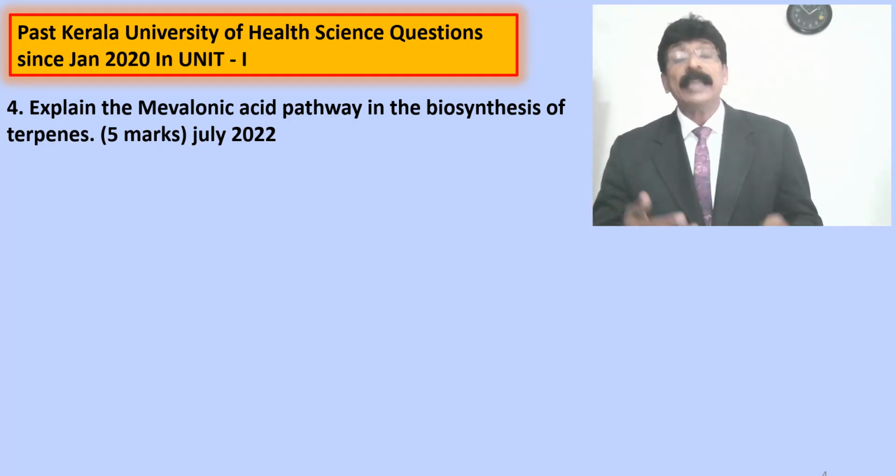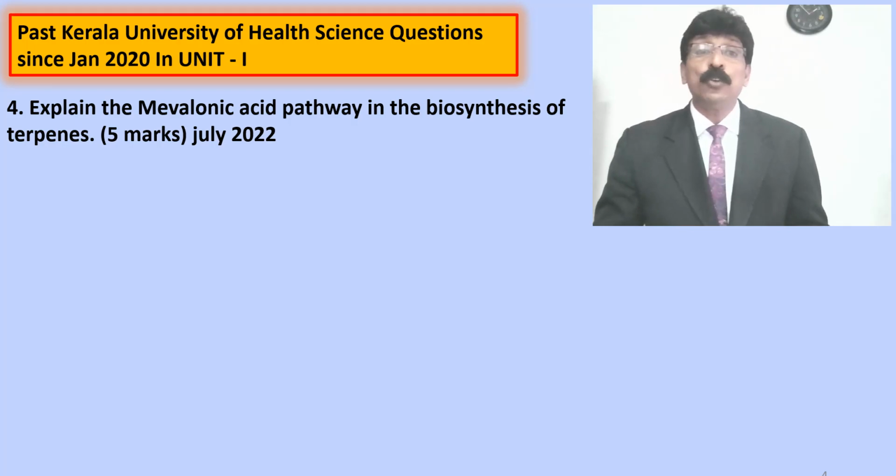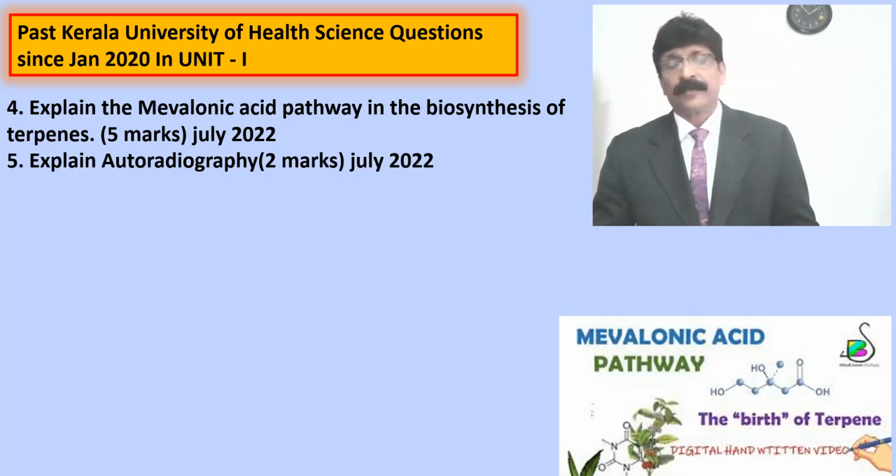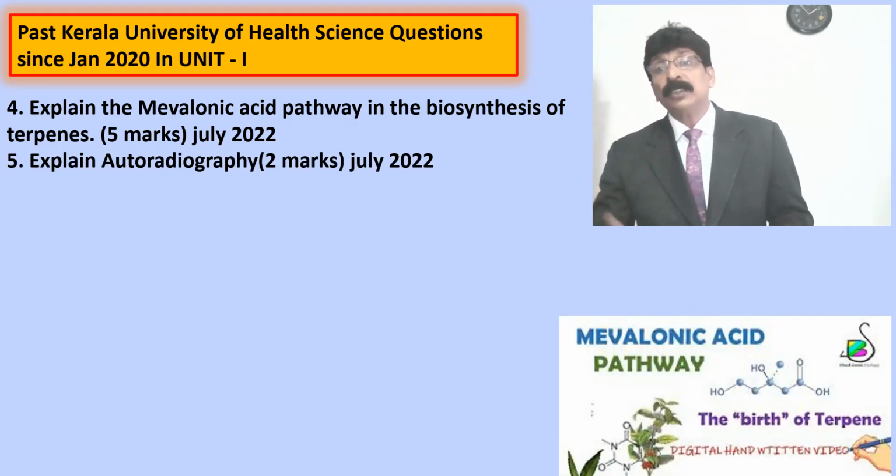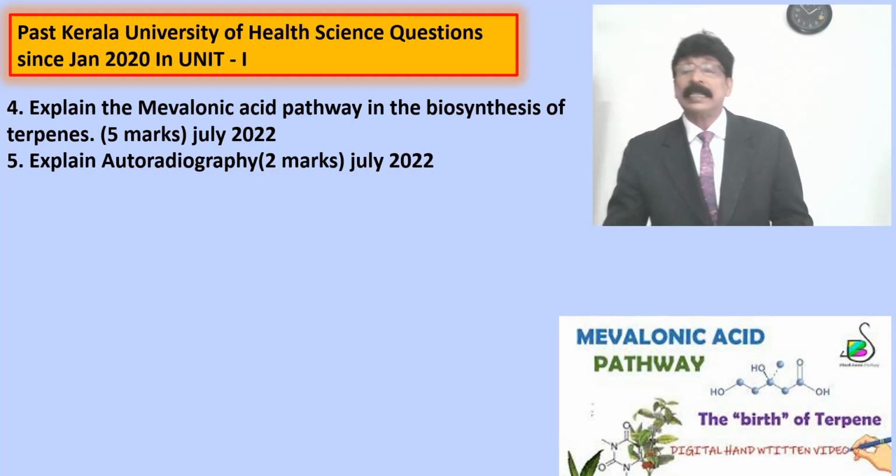This 5-mark question was asked in June 2022. It gives birth to terpenes, usually the mevalonic acid pathway.